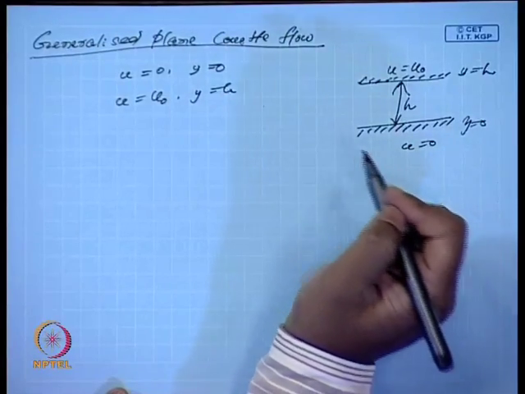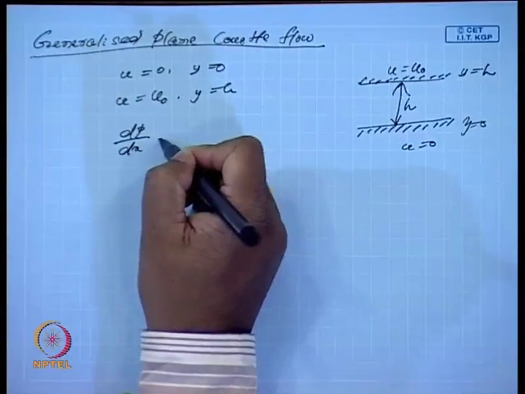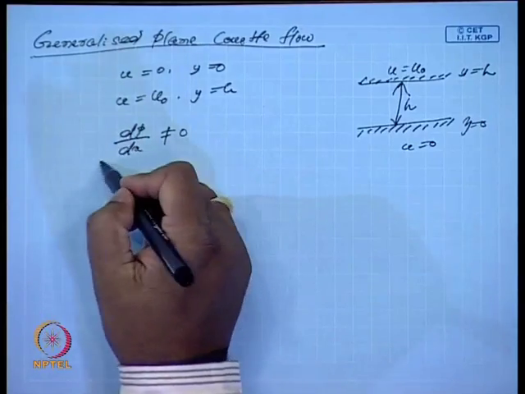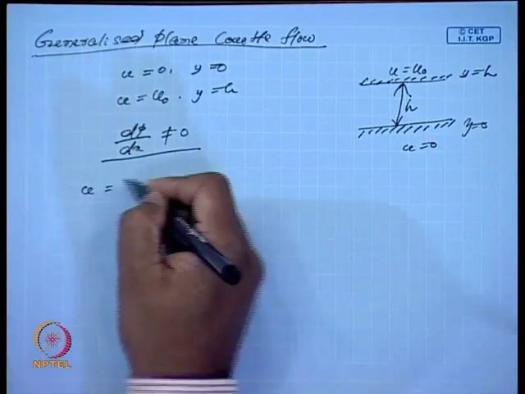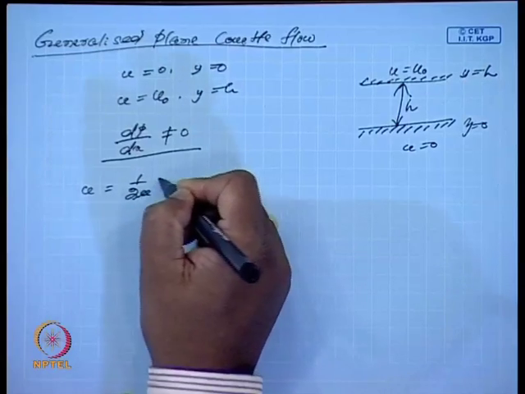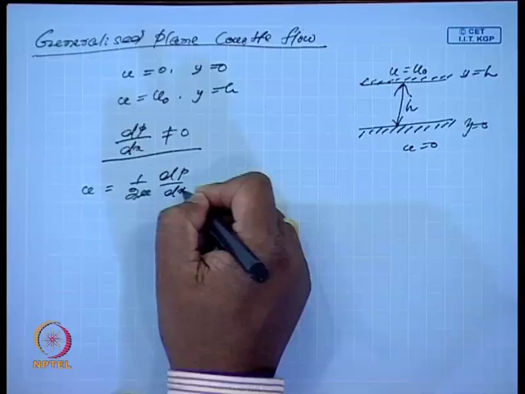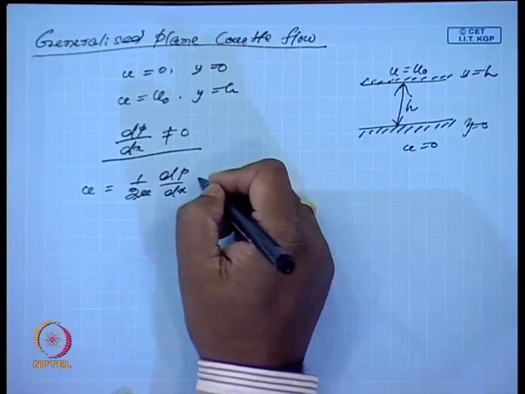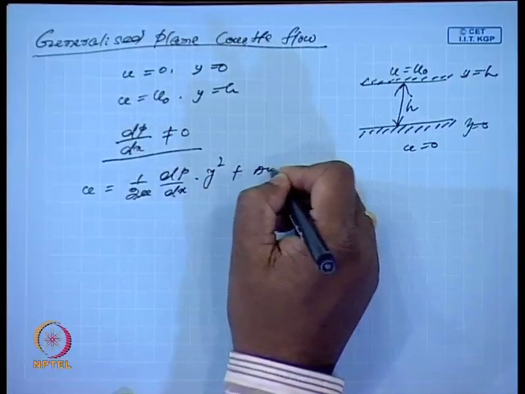Unlike the case of a plane Couette flow, in case of a generalized Couette flow, we take dp by dx as non-zero. If the pressure difference is not equal to 0, then as usual we will have u is equal to 1 by 2 mu dp by dx into y square plus ay plus b.